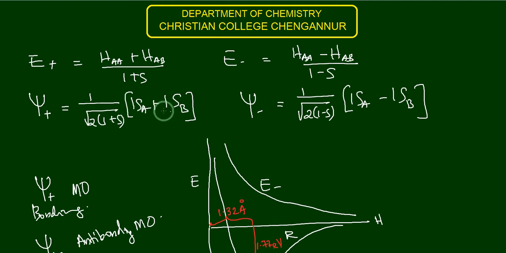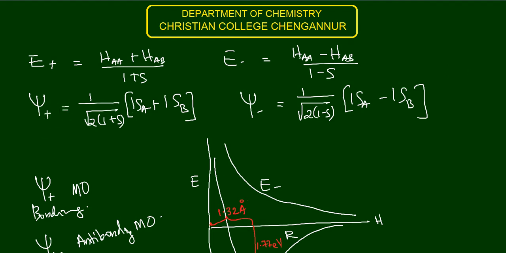This is 1s A plus 1s B, where 1s A is the 1s atomic orbital of hydrogen atom A, and 1s B is the 1s atomic orbital of hydrogen atom B. These two wave functions are added up and then multiplied by 1 divided by root of 2 into 1 plus S. That is how we get the psi plus molecular orbital, right?